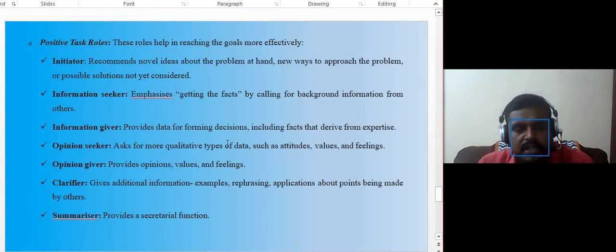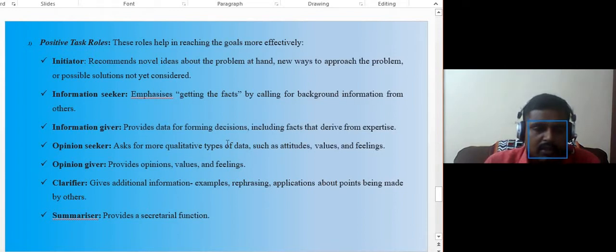The Information Giver provides data for forming the decisions, including facts that derive from expertise. And the Opinion Seeker asks for more qualitative types of data, such as attitudes, values, and feelings, because it all talks about the psychological way.